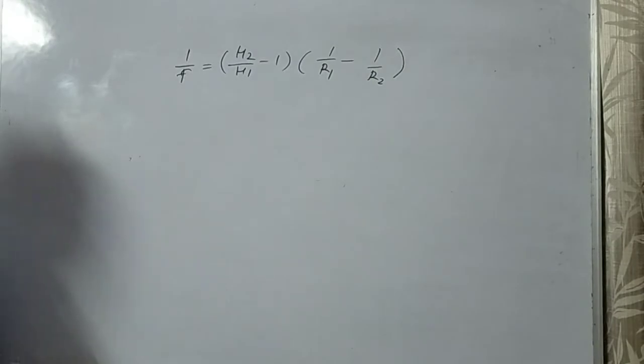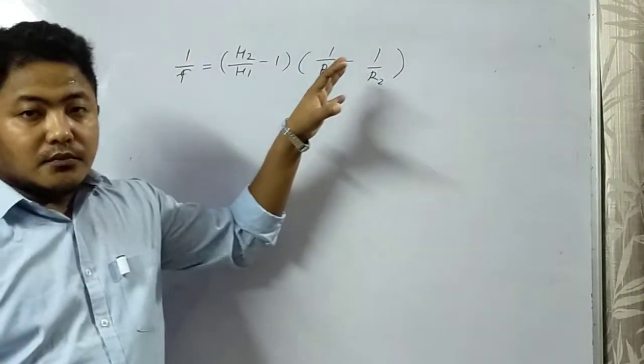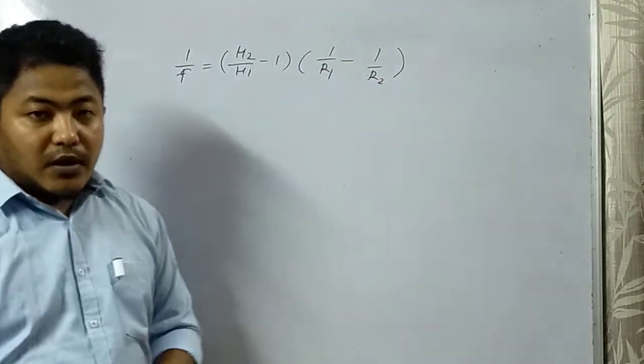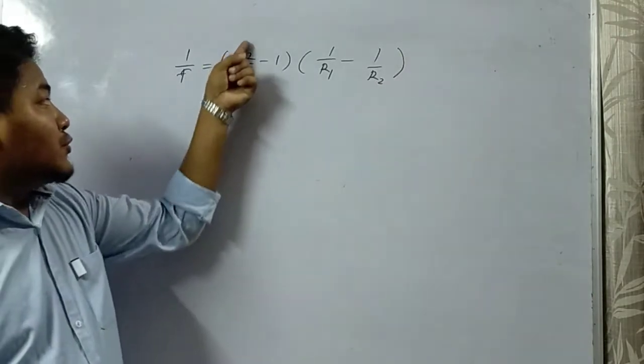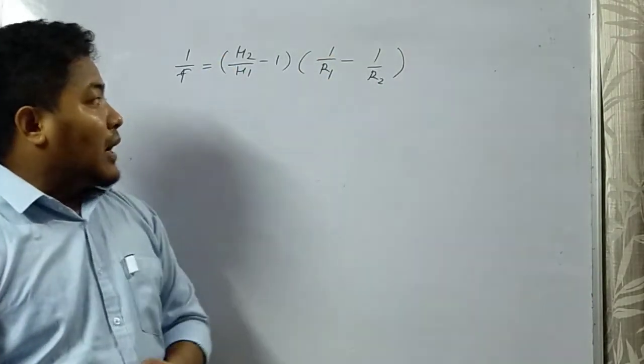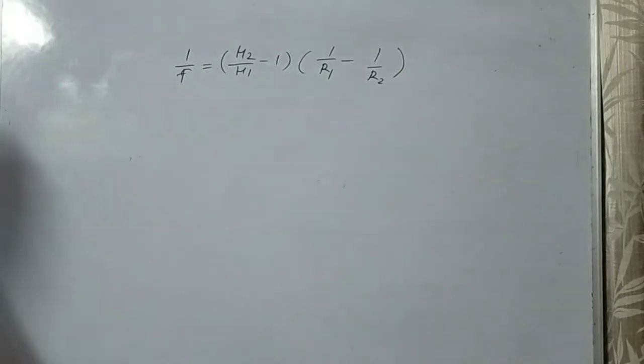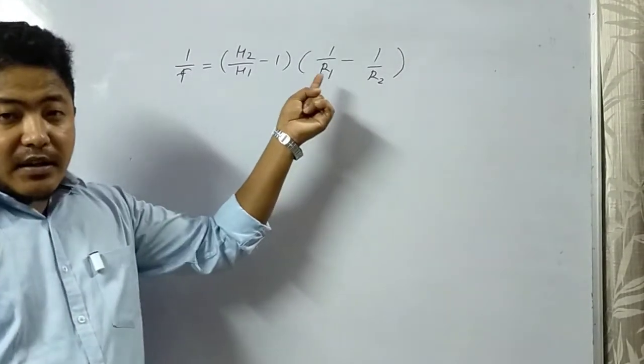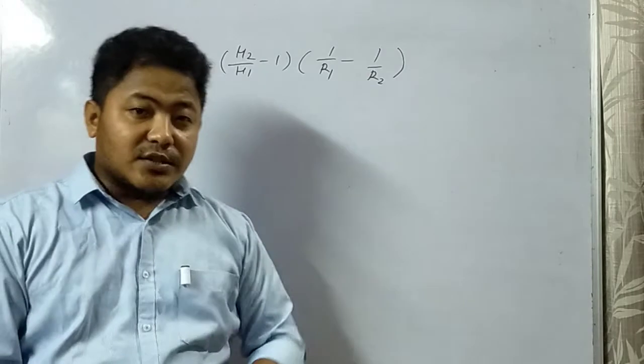That was exactly what we found by the lens maker formula. Here R1 is the radius of the first spherical surface, and R2 is the radius of the second spherical surface.